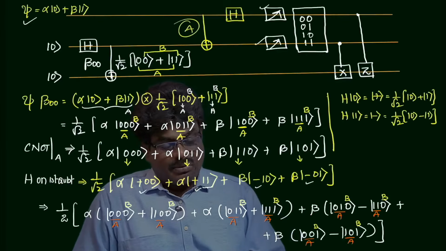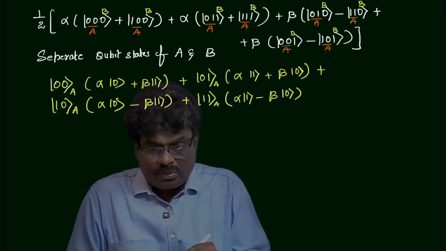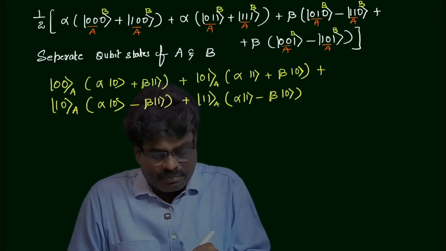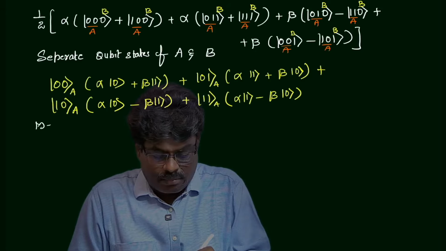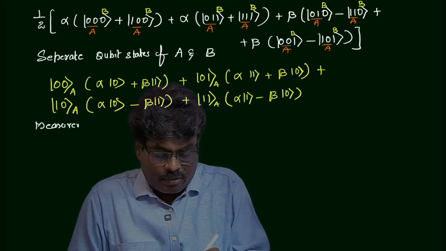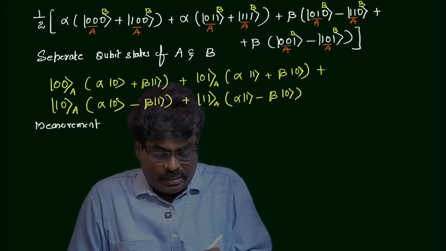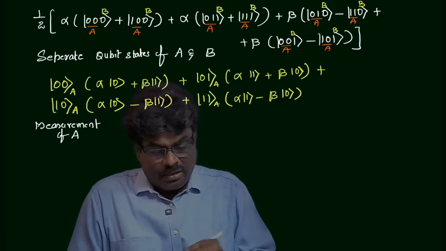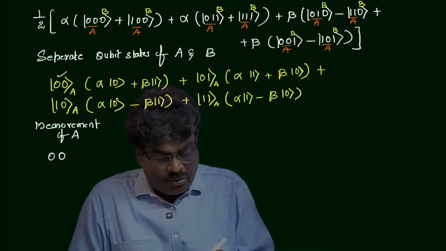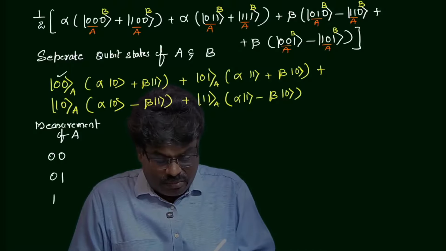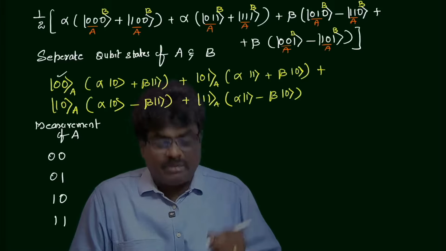Now let us make a measurement. Let us suppose measurement of A. Once A makes the measurement, he will get 0 0, 0 1, 1 0, or 1 1.